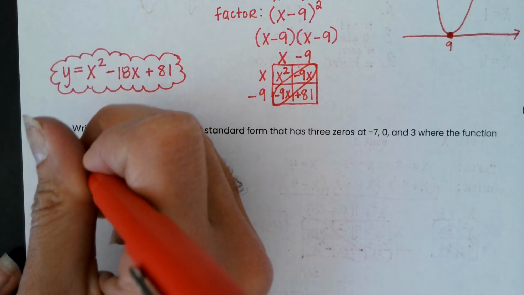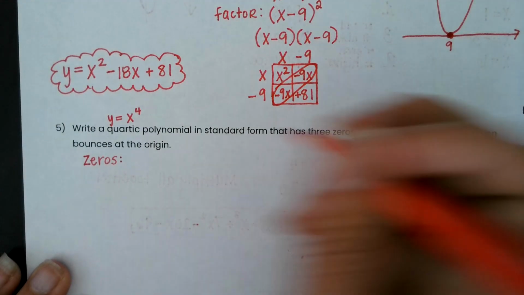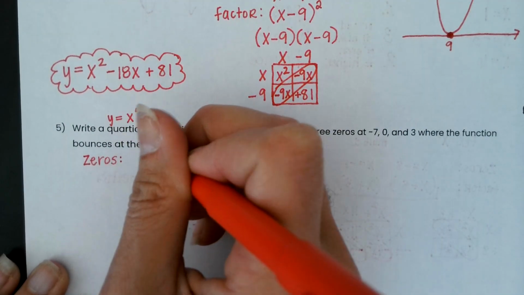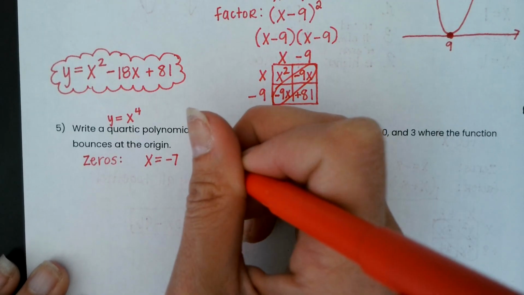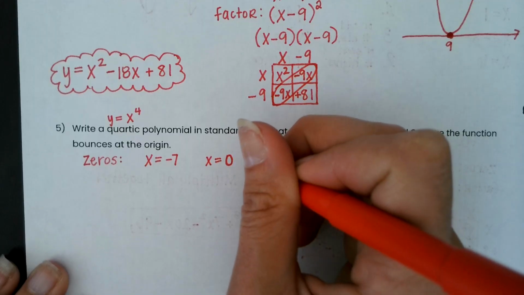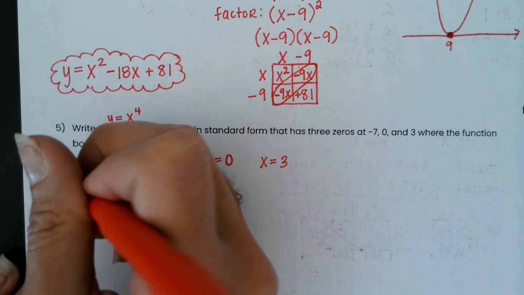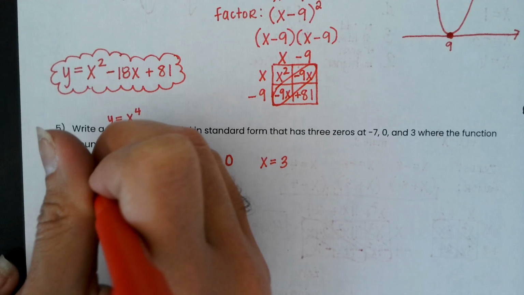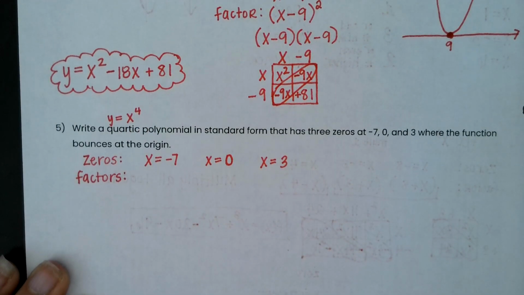All right, so let's list out our zeros. There's a 0 at x equals negative 7. There's a 0 at x equals 0, and there's a 0 at x equals positive 3. All right, so we want to write out the factors that those zeros come from.